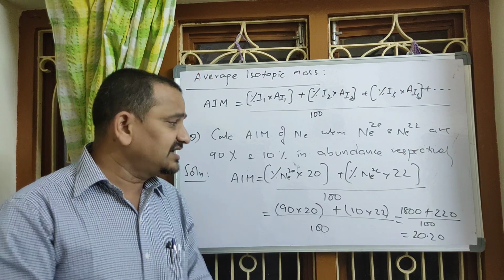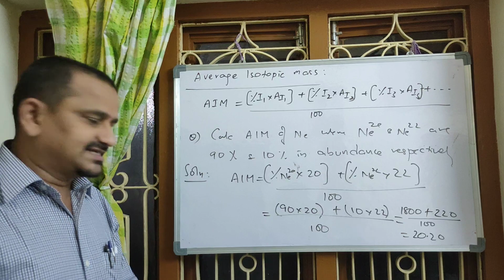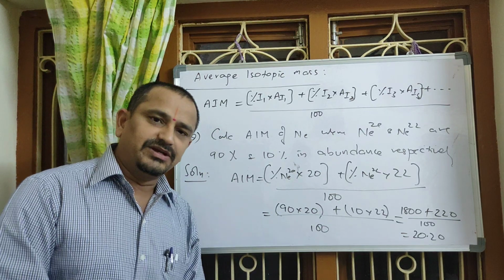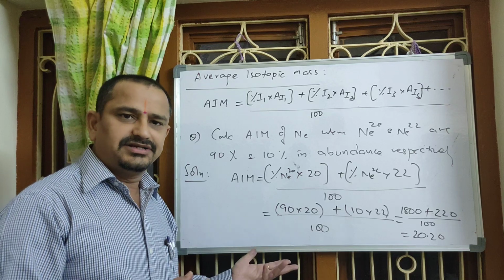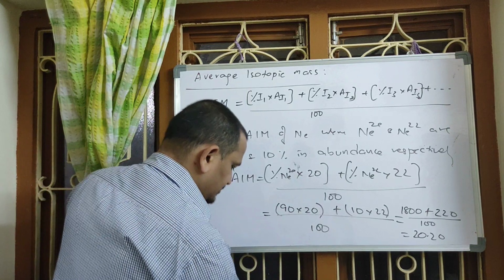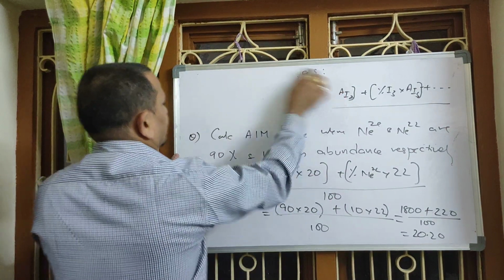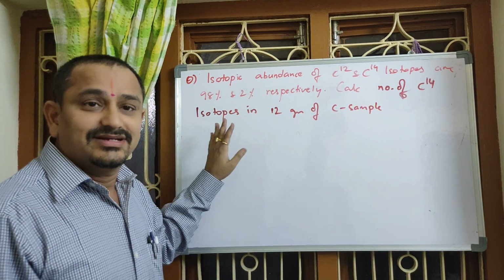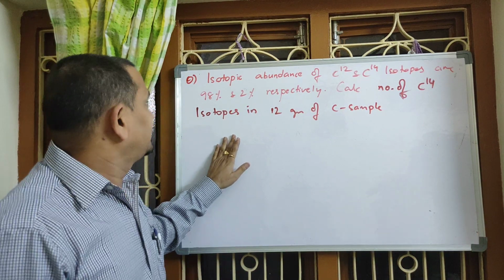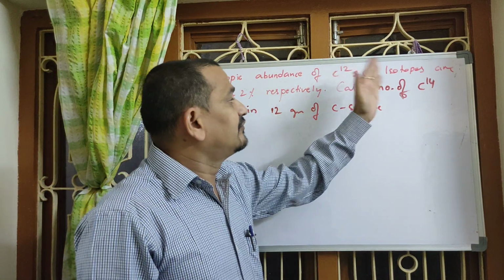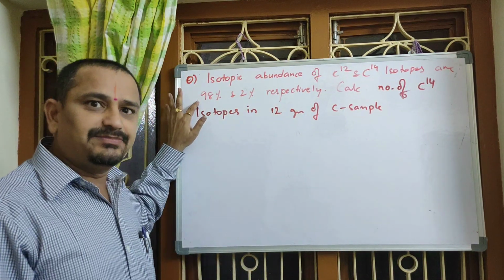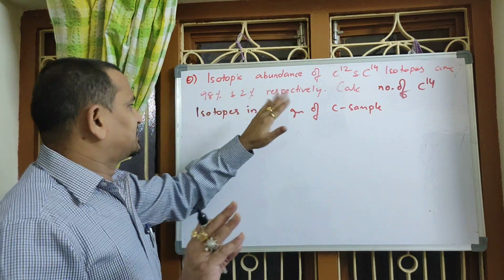Understood? After this, we will discuss one more numerical on this. Isotopic abundance of carbon 12 and carbon 14 isotopes are 98% and 2% respectively.